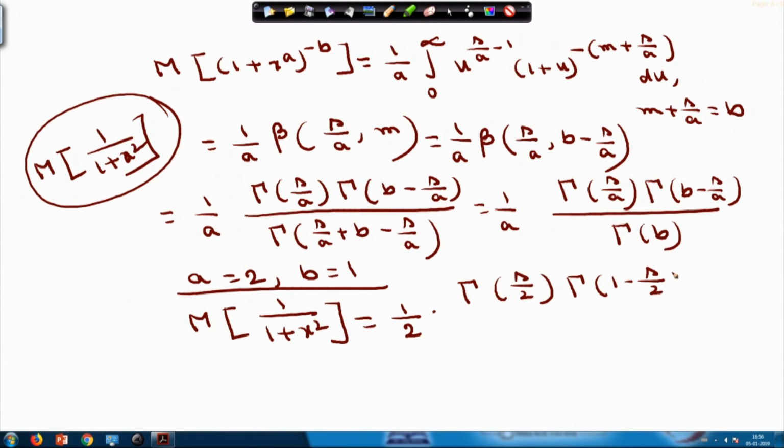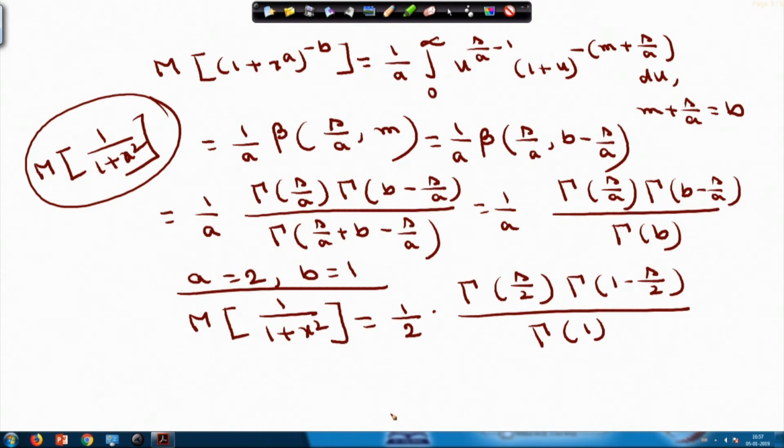So, 1 minus s by 2, by gamma b, that is gamma 1. Therefore, the Mellin transform of 1 divided by 1 plus x square equals half into gamma of s by 2, gamma of 1 minus s by 2, into gamma 1.